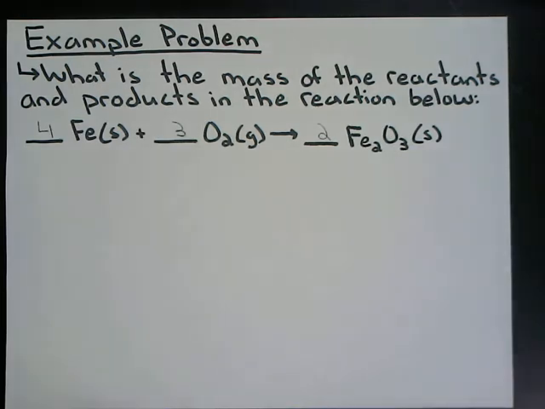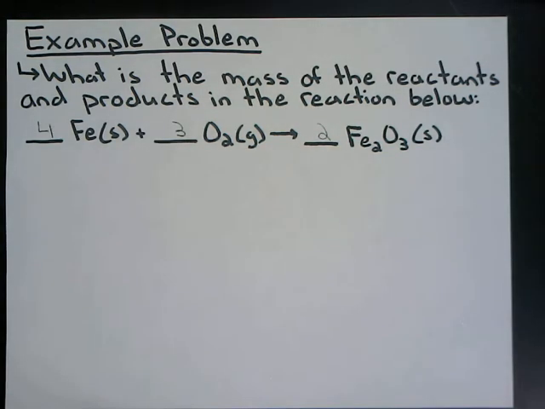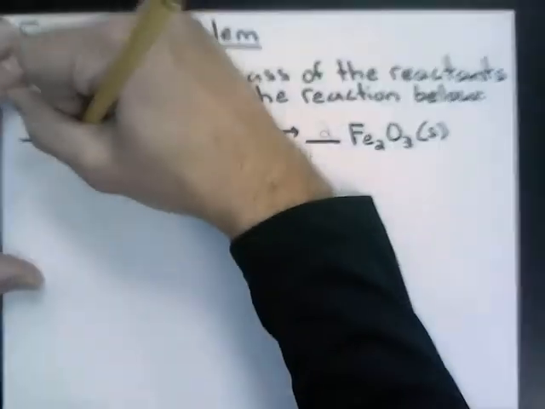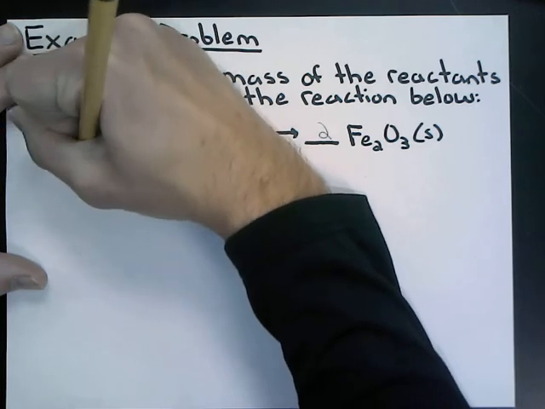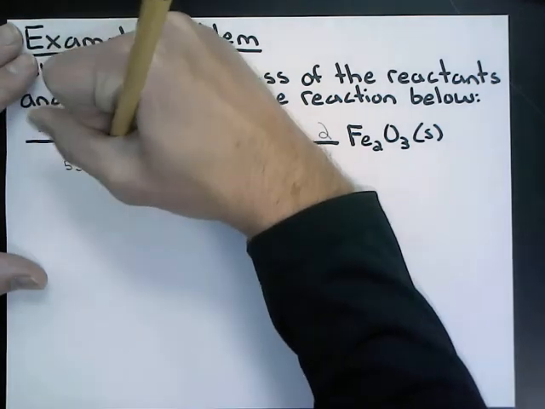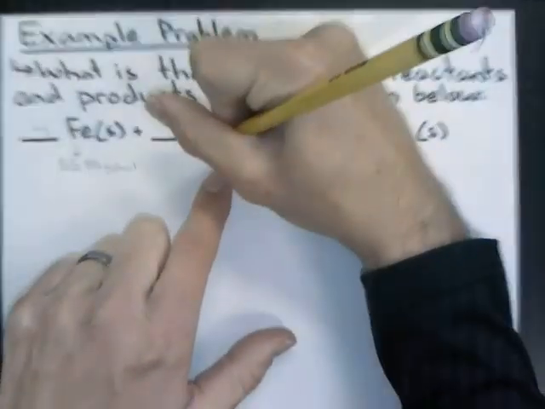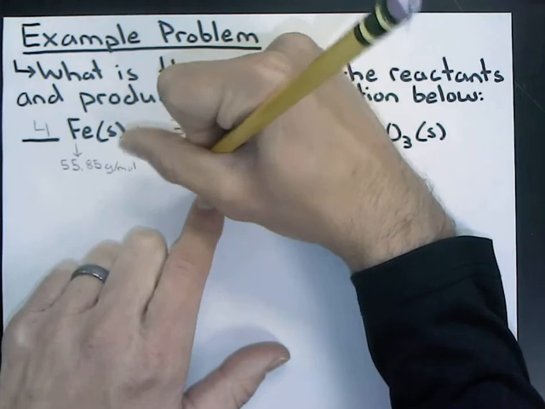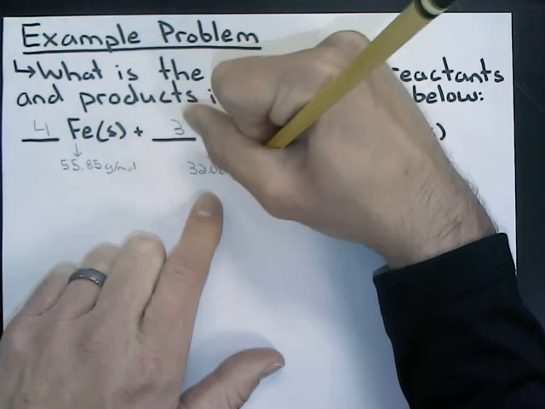And now to help you out, we need the molar mass of each of these substances here. So I already went ahead and calculated the molar mass. So the molar mass of Fe is 55.85 grams per mole. O2 has a molar mass, because it's a molecule, of 32.00 grams per mole.